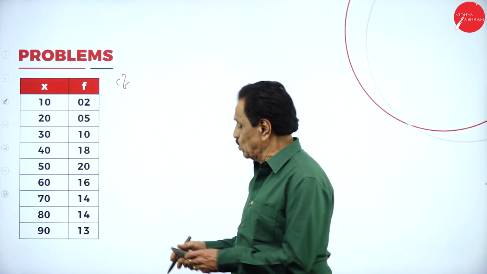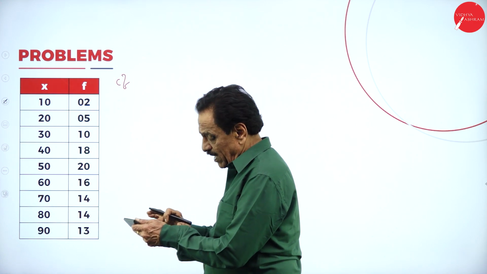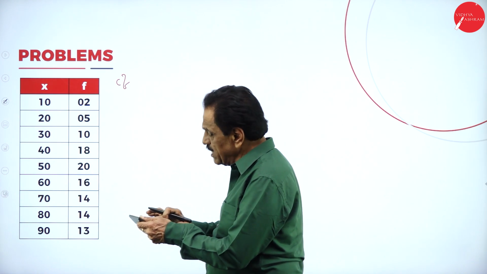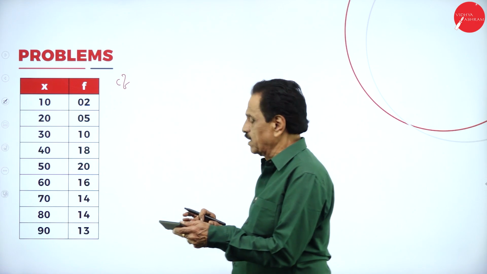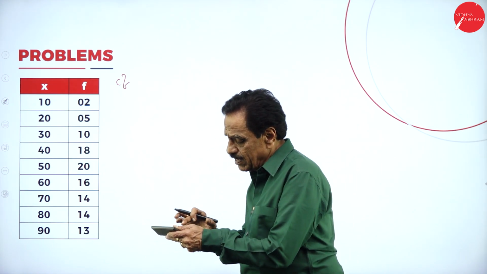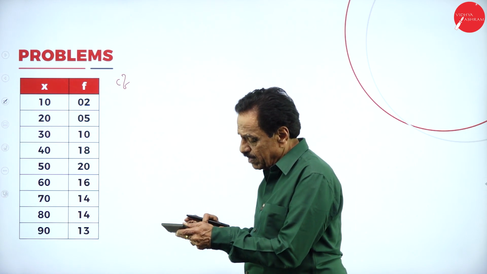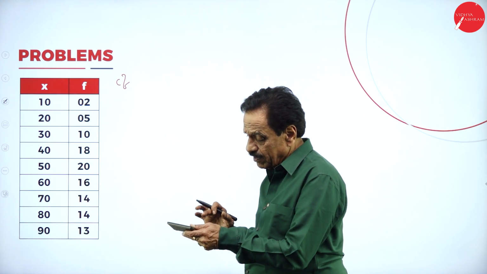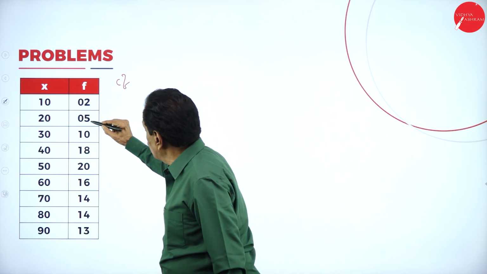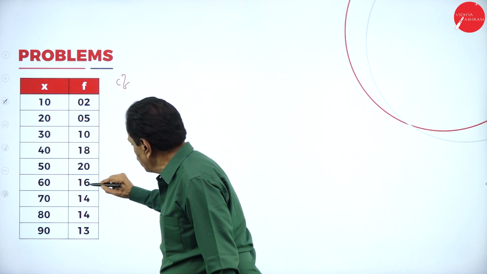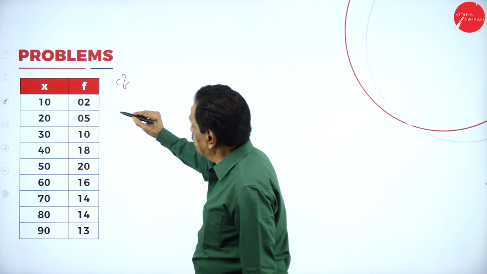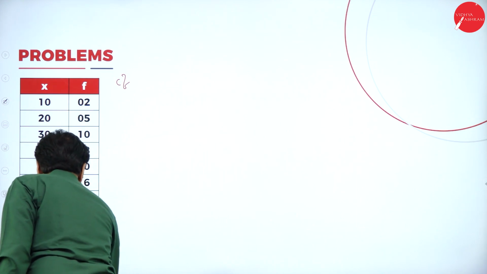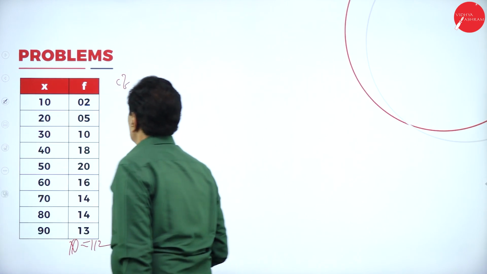What is the first item you have got? 2 plus 5 plus 10 plus 18 plus 20 plus 16 plus 14 plus 14 plus 13 is 112. N is 112. What is the next step to do?